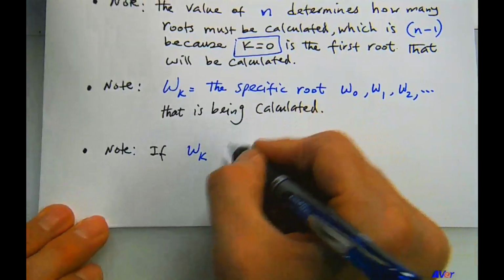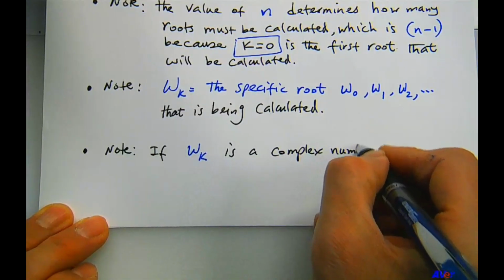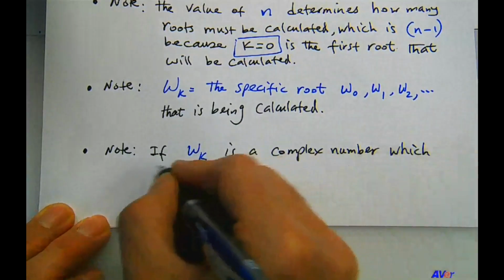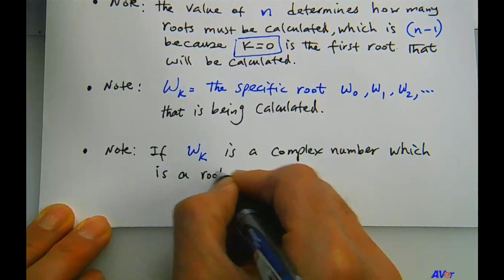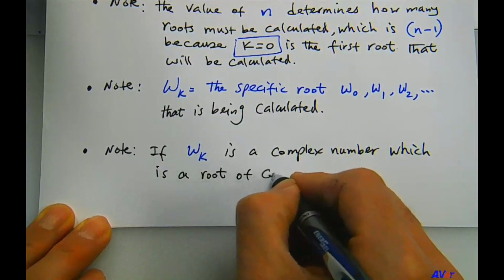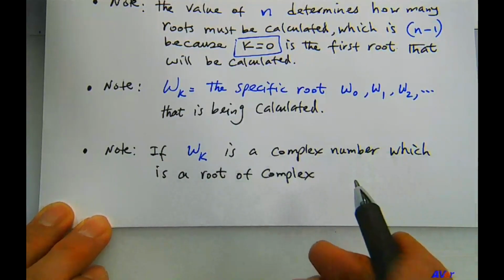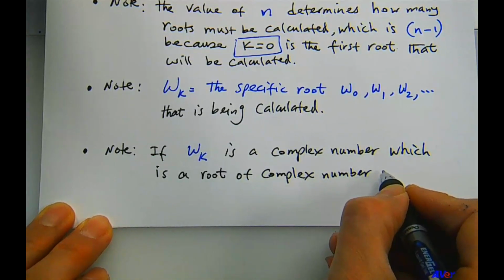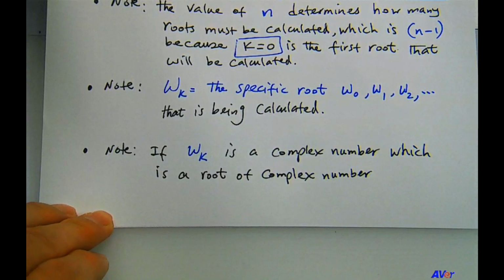So if W_k is a complex number, which is a root of complex number z, see, the roots of complex numbers are complex numbers themselves.